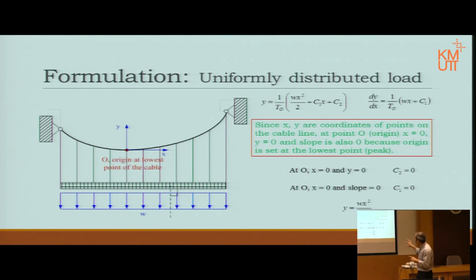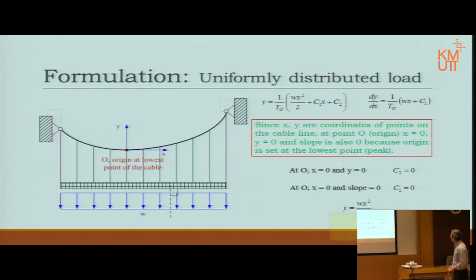The reason I call it T naught, or in fact T origin, is that it happens exactly at the origin. Because at the origin the slope is 0, the tangent line is horizontal, which means it is equal to that constant Tx, Th, or whatever you want to call it. In this case, we call it T naught. And xy is just the coordinate of the point on the main cable.